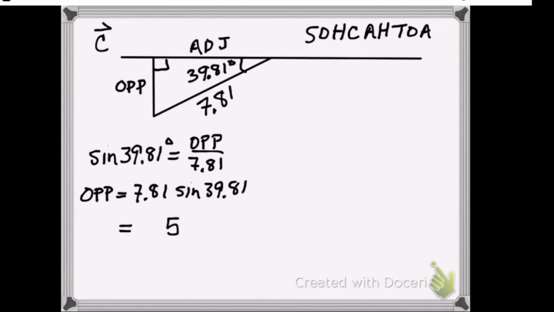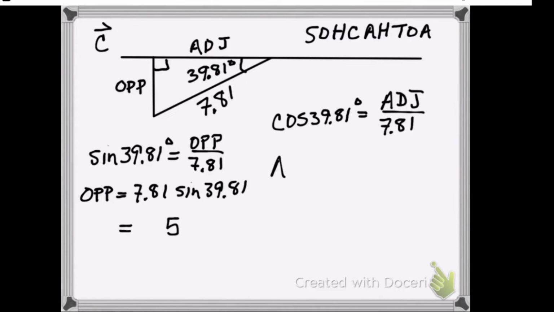Okay, now we'll look at the cosine. The cosine of 39.81 degrees is equal to the adjacent side divided by the hypotenuse, which is 7.81. So the magnitude of each vector turns out to be the hypotenuse of the right triangle that we're associating it with. So in this case, the hypotenuse is 7.81.